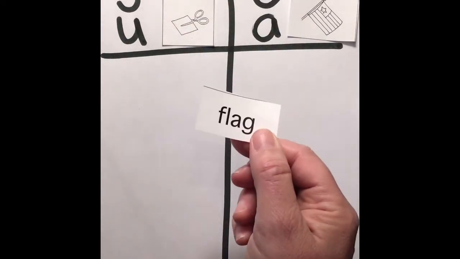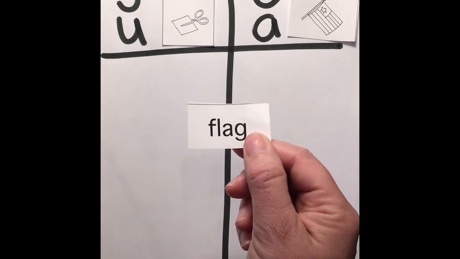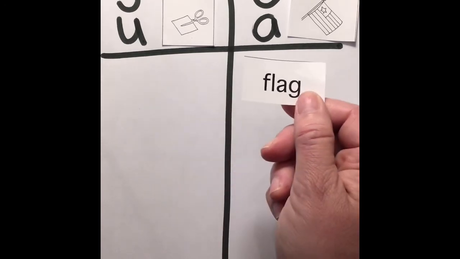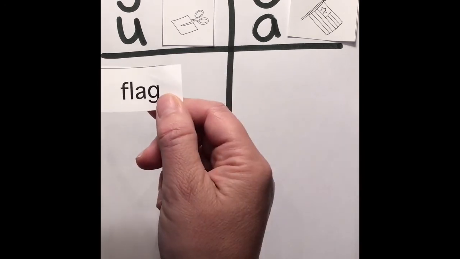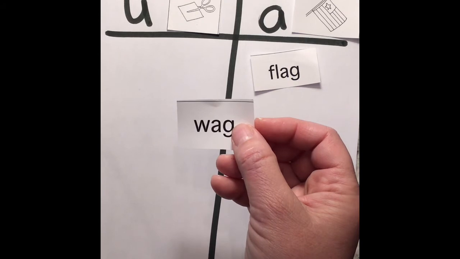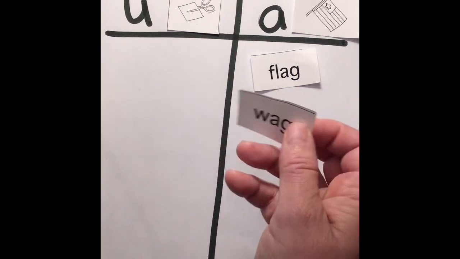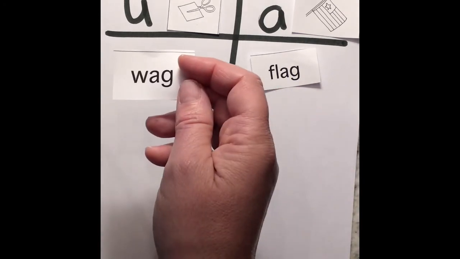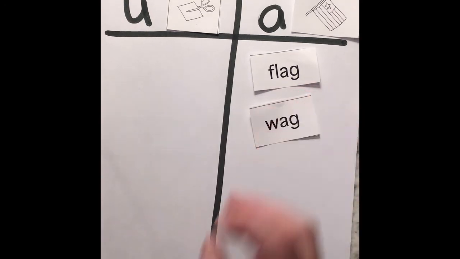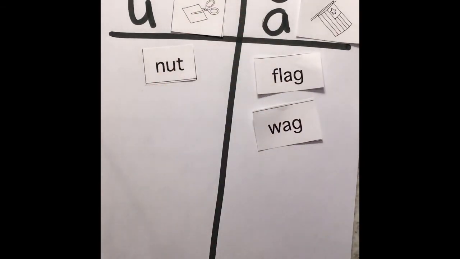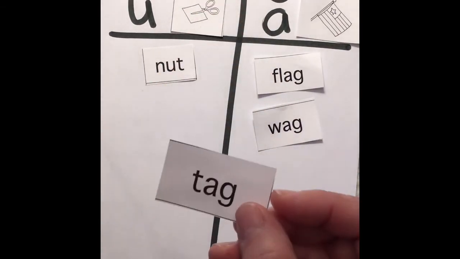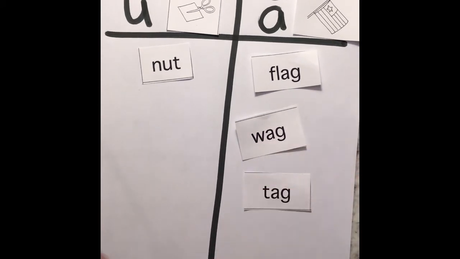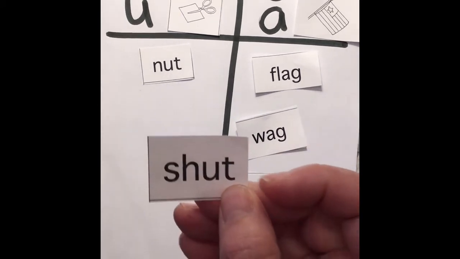All right, can you read this word? Flag. Does flag have an A, or does flag have a U in it? Good. The next word is wag. Does wag have the A, or does wag have the U? And you would have students then read the word and then decide what the middle sound was. Now, there's something a little bit problematic about my words here.